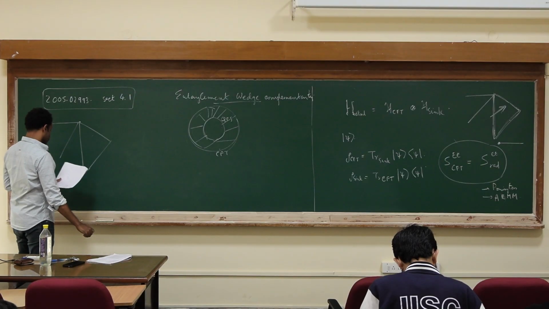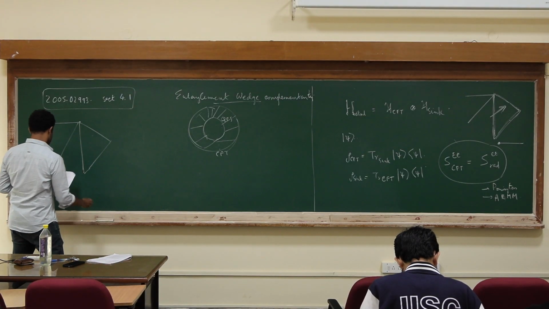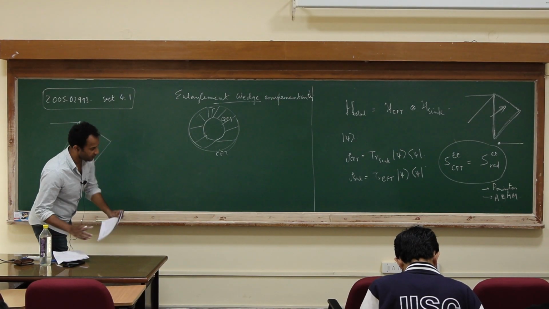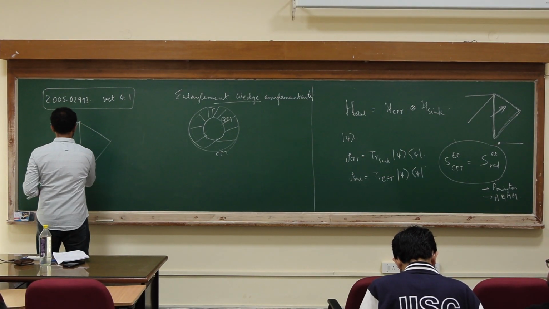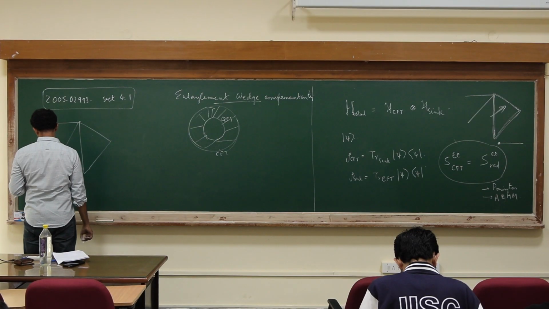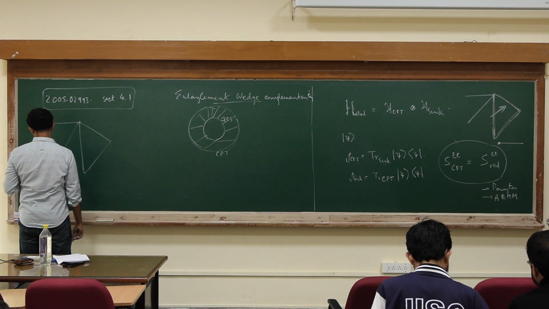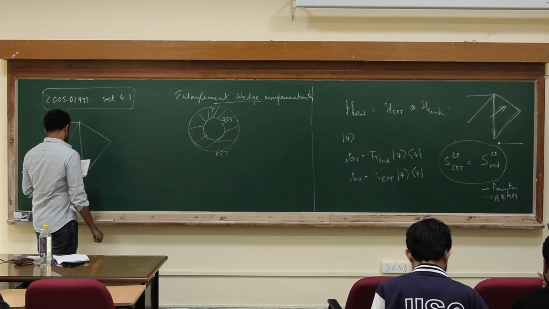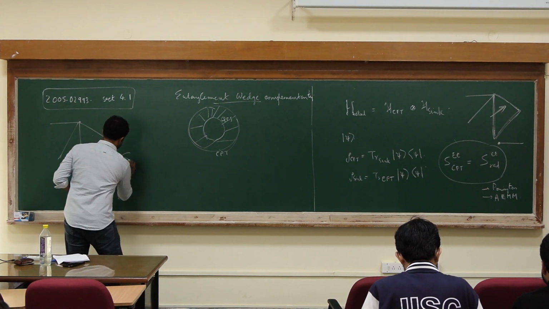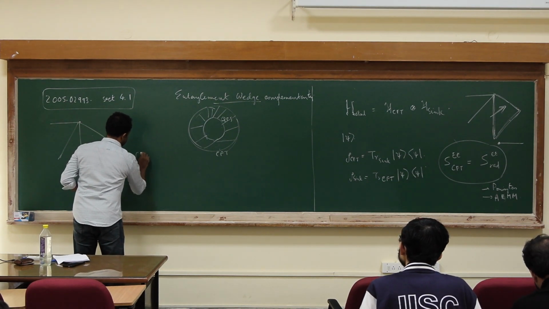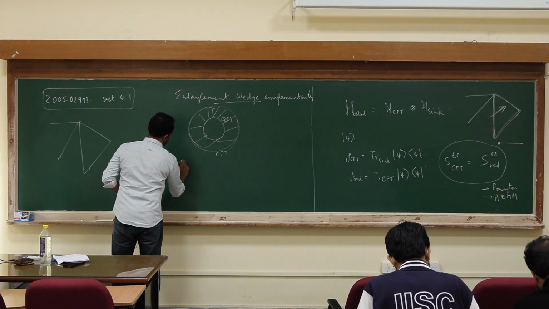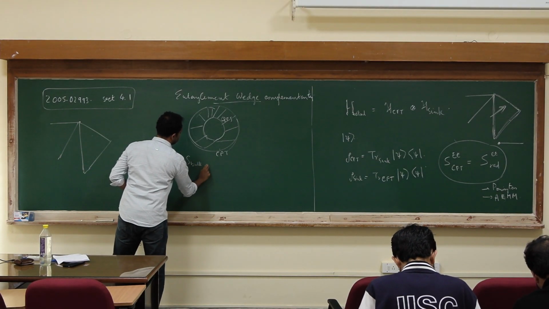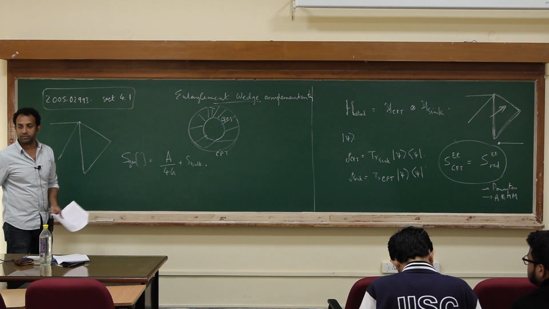So now, if you want to compute the entanglement entropy of the radiation, what is the argument? The prescription is S gen is given by A by 4G plus S bulk. S bulk is what we call the radiation.